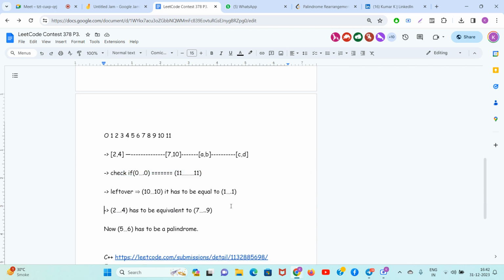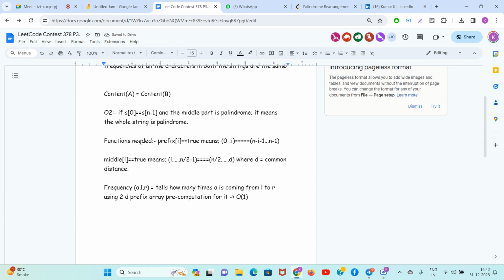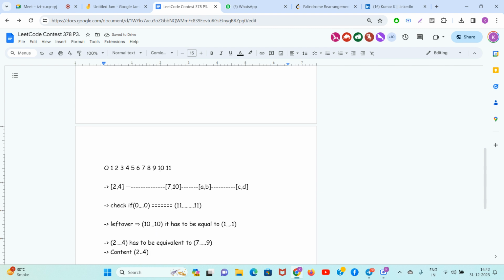Whatever is the content of 2 to 4, and we know how to check it. We have the function to check if the content is same or not. Content of 2 to 4 should be equivalent to the content of 7 to 9. This also you code in an instant, right?